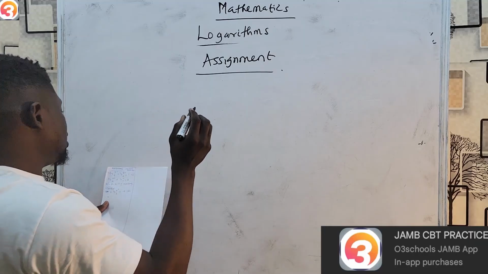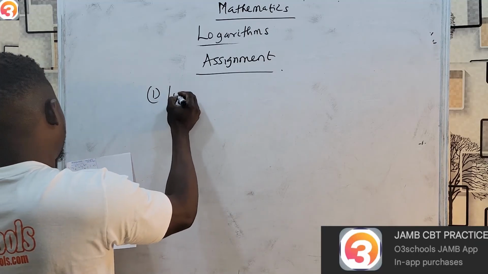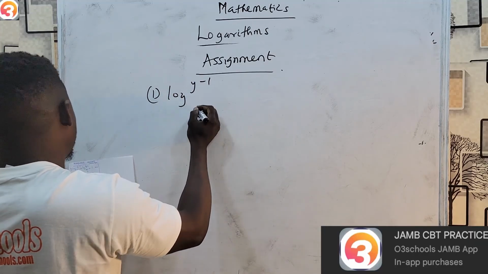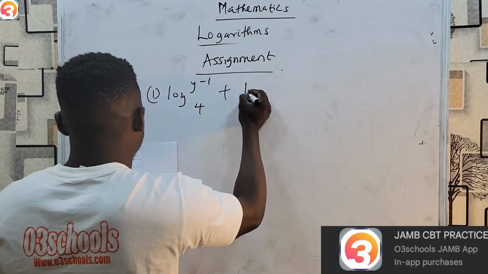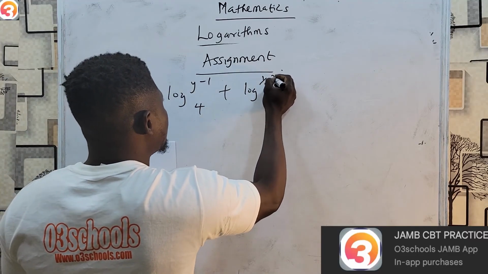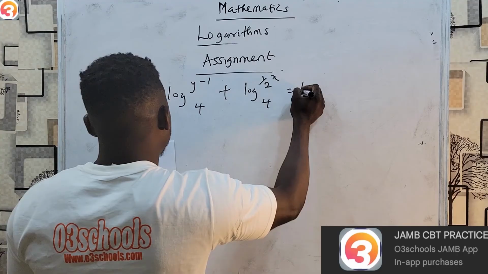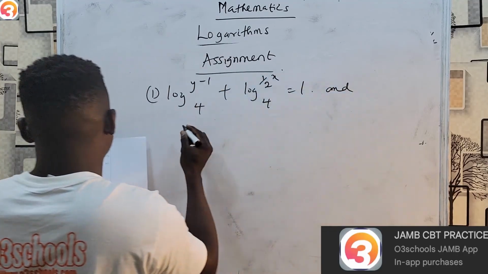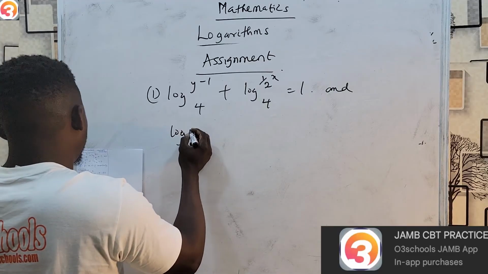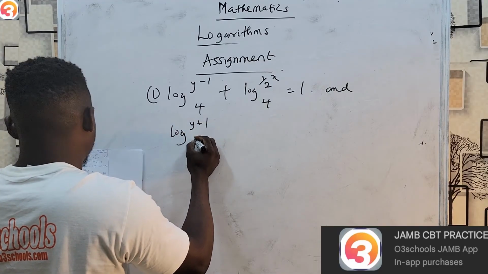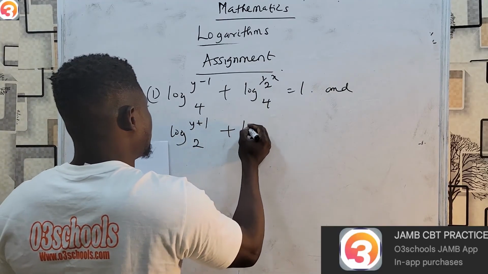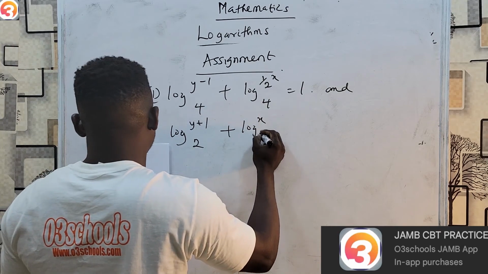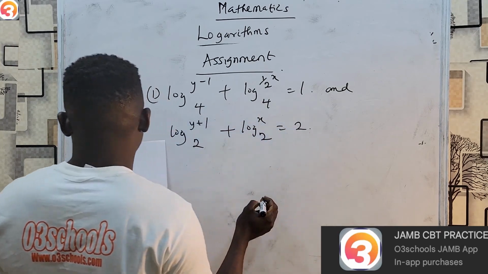Assignment from the O3 School JAMB app. Log y raised to the power minus 1 over 4, plus log 1 over 2x over 4, is equal to 1, and log y plus 1 over 2, plus log x over 2, is equal to 2.